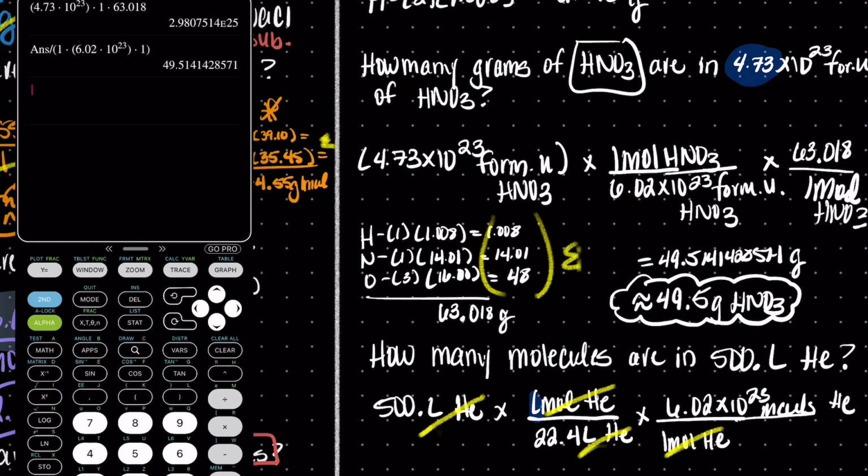So just do some math. 500 times 1 times Avogadro's number, 6.02 times 10 to the 23rd. Nothing else to multiply, so I'm going to get my top value. And 22.4 times 1 is, of course, 22.4. So I sit here and divide by 22.4.